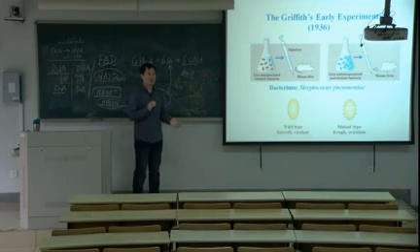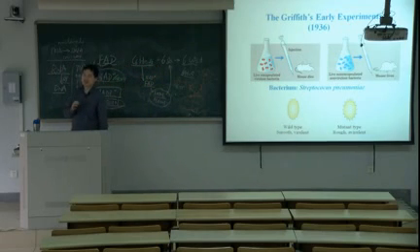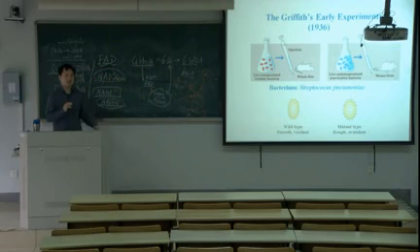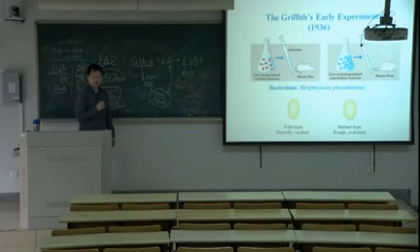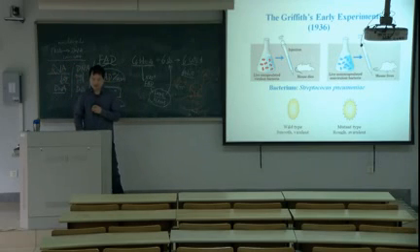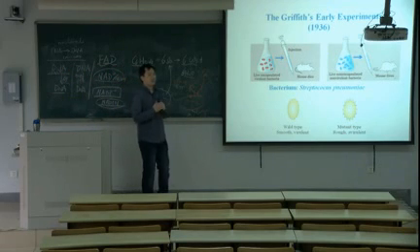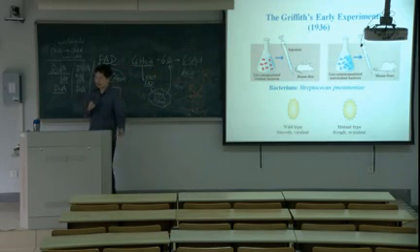People know there's inheritance because everyone looks like their parents, but is this done by protein or is this done by DNA? There was a lot of debate in the 1930s. And someone called Griffith did an experiment that confirmed that it is DNA, not anything else, that carries the inheritance information.